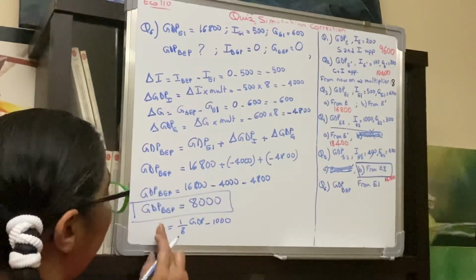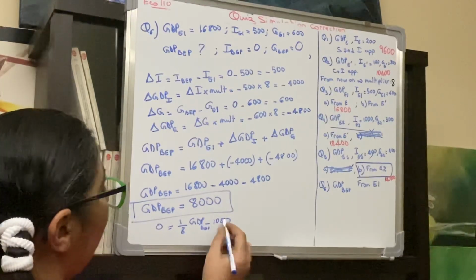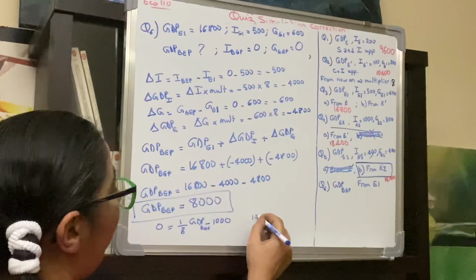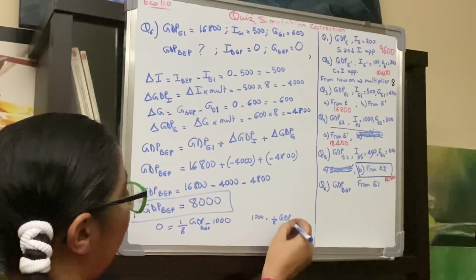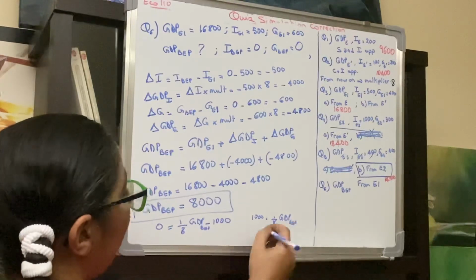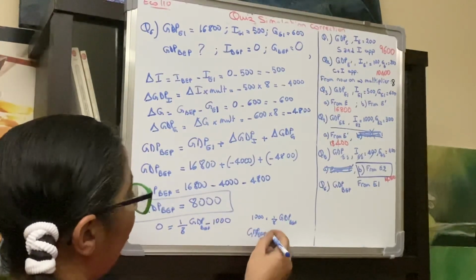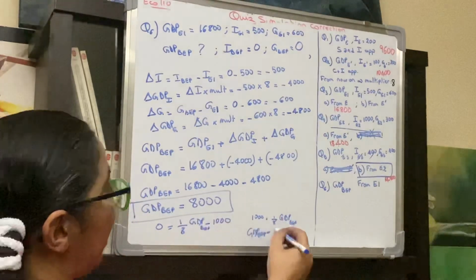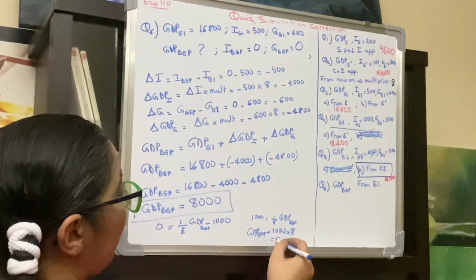Now when S is equal to 0, that's where you have the BEP. So you're going to have 1,000 is equal to 1 over 8 GDP at BEP. So GDP at BEP would be equal, according to the S and I approach, to 1,000 times 8, which is 8,000.